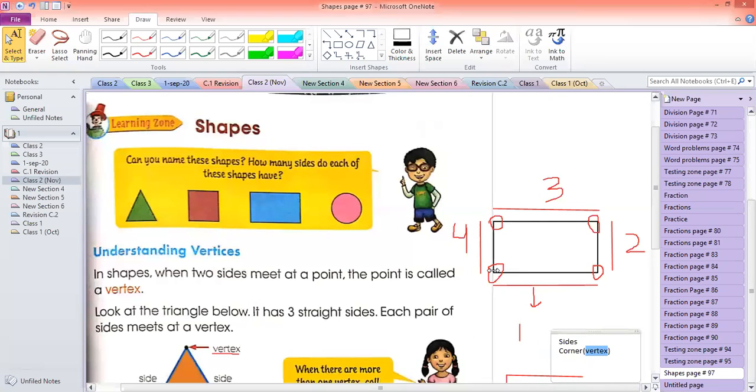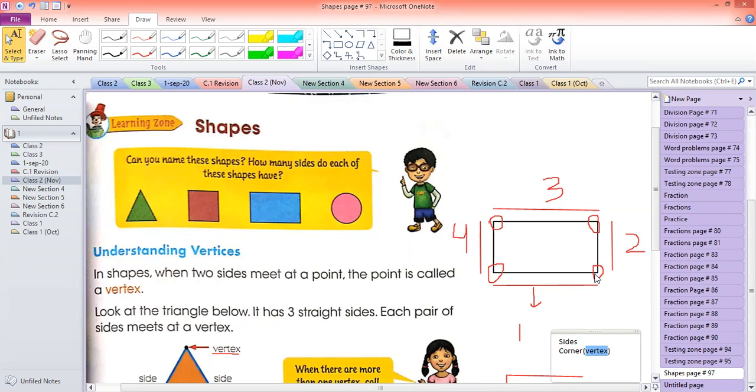So this is the line meeting here. This is vertex number one. The second line meets here. This is corner, and this is vertex number two. And here side three is meeting side two. So this is corner three, and this is corner four.